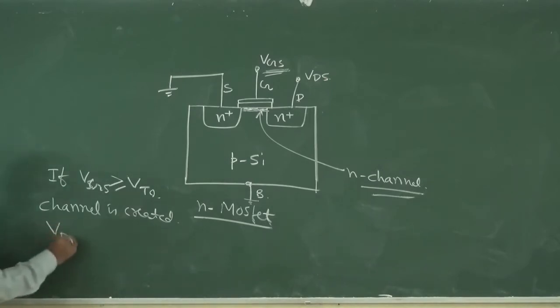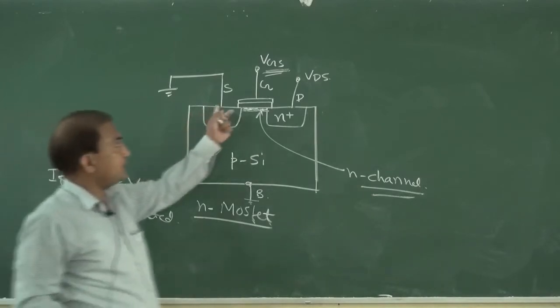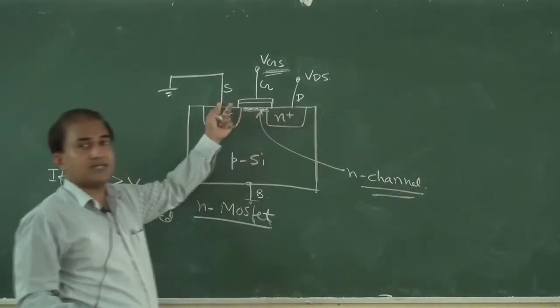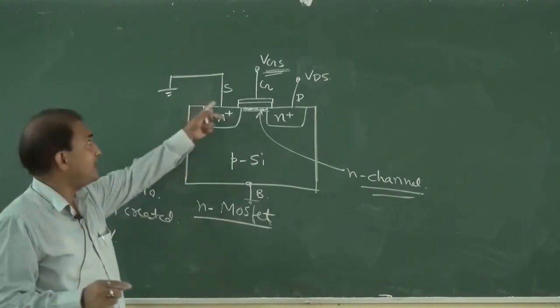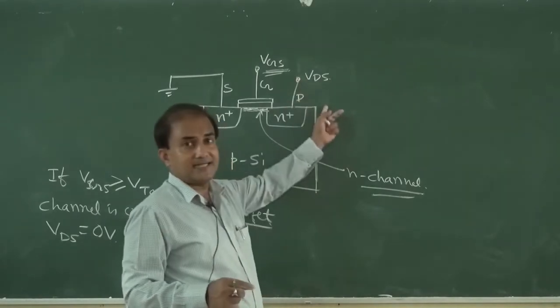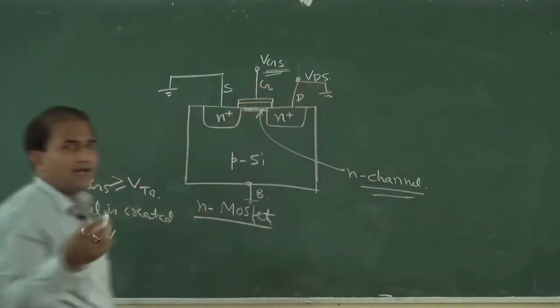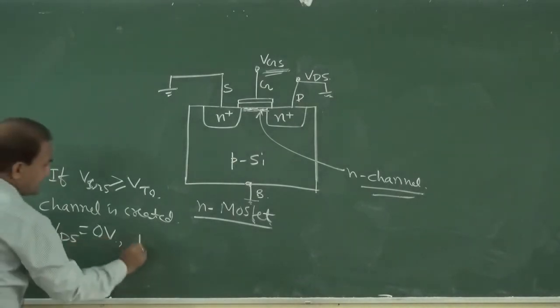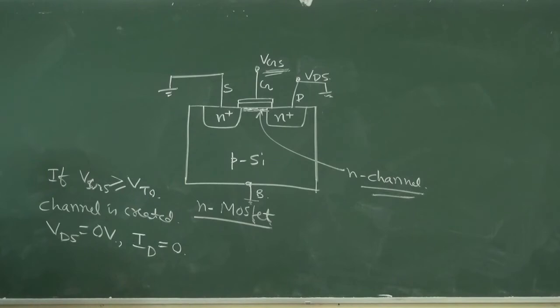We can see that if VDS is equal to 0 volt, meaning the potential difference between the drain and the source terminal is 0, both are at the same potential, suppose at ground potential, then what will happen? In that case ID is equal to 0.